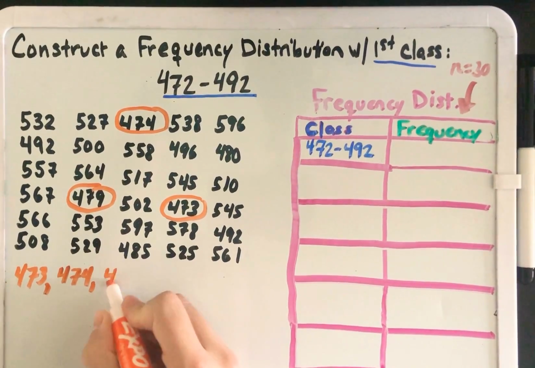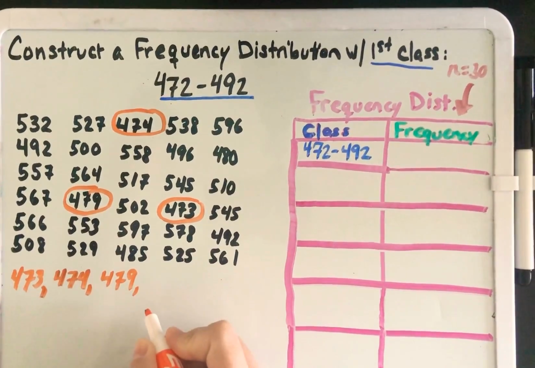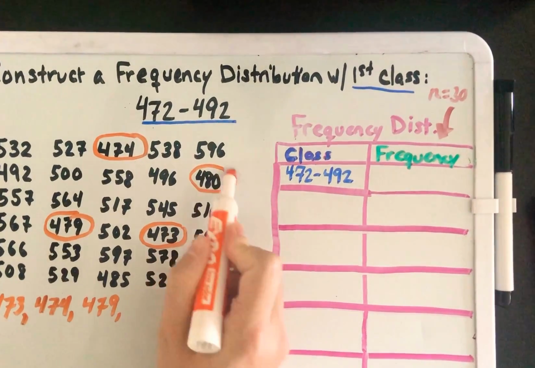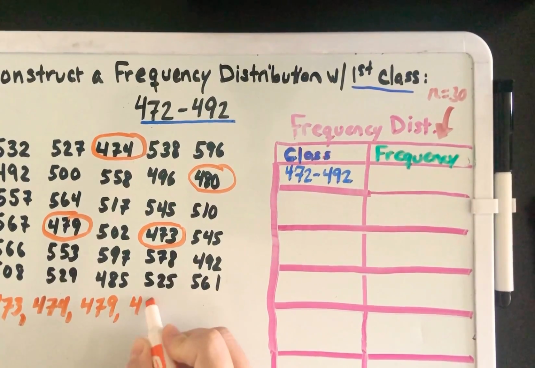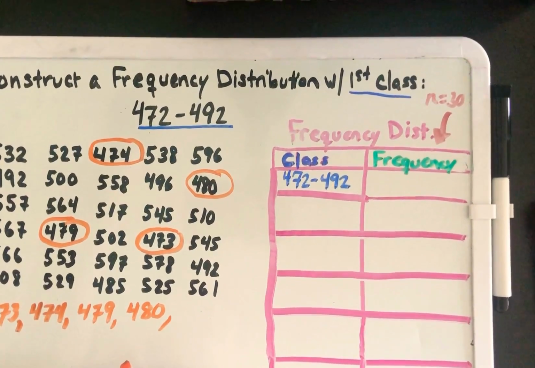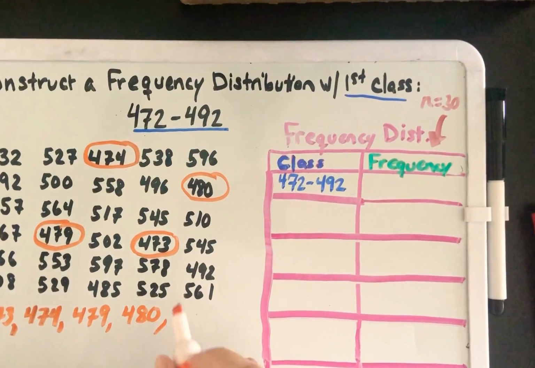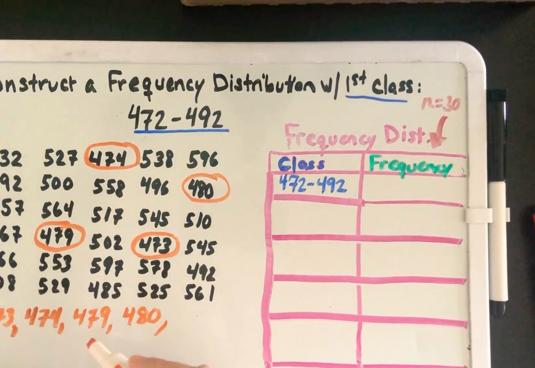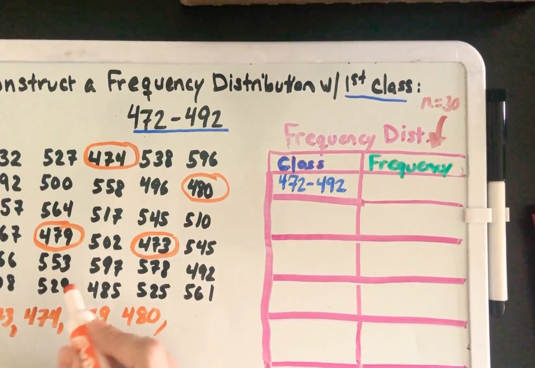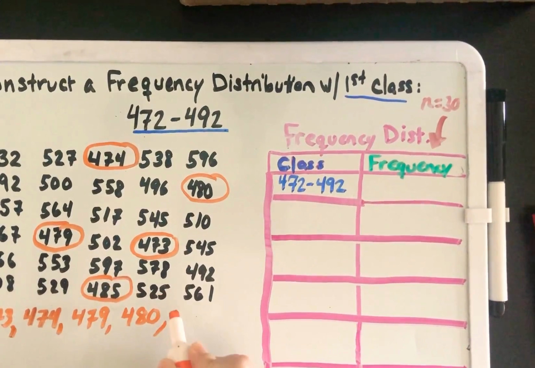The next one is 480. Do you see where that is? Yep, there's 480. Followed by the next data value of 485, I believe. Let's see if we find that. 485, do you see it? Right here, right in front of me.